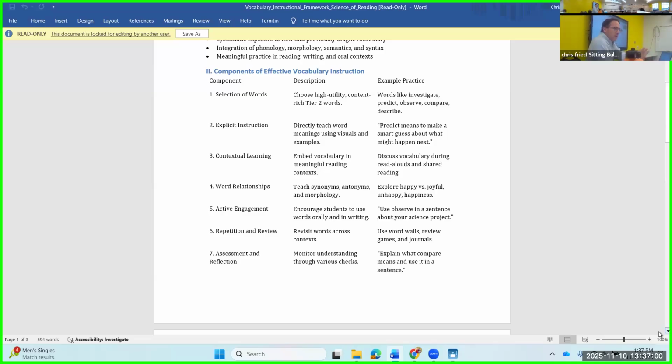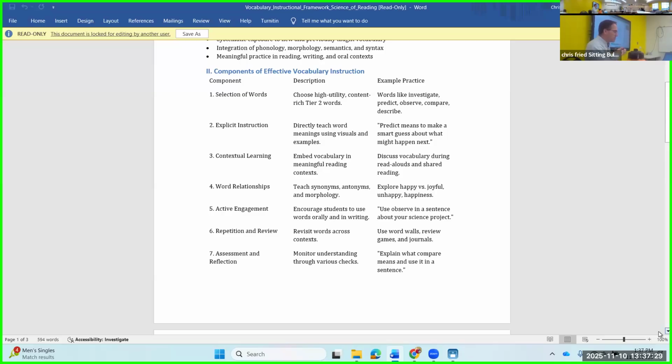It might just depend on the complexity of that vocab word, but it's got to be in that read aloud. Doesn't make any sense to go over some terms and work on things and then not have them in a passage that you're reading. So we talked about this a little bit too. Word relationships, synonyms, antonyms, those different pieces are important in there as well. So exploring happy versus joyful, unhappy, happiness.